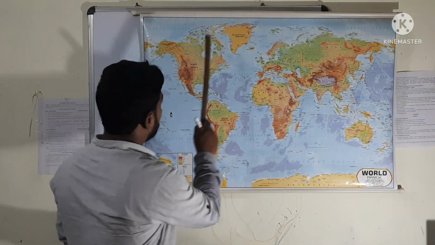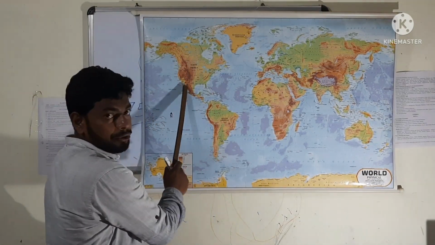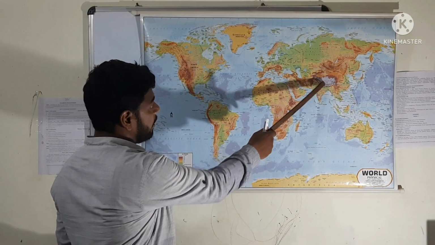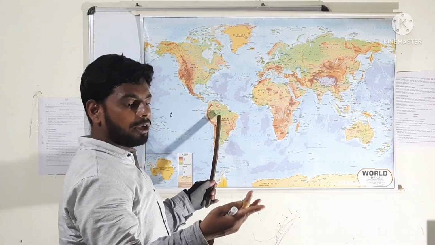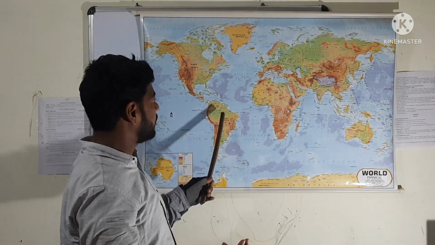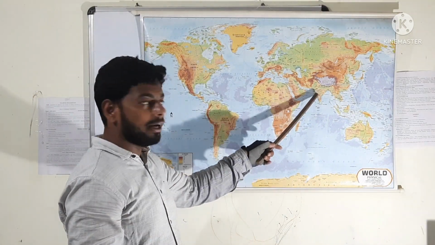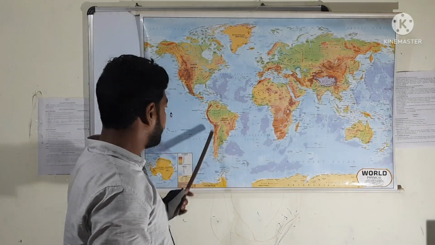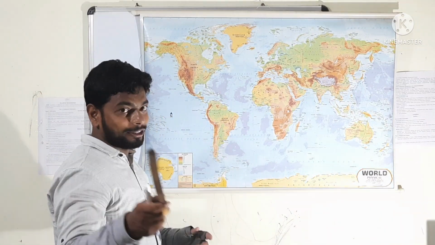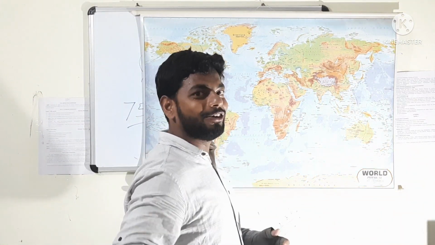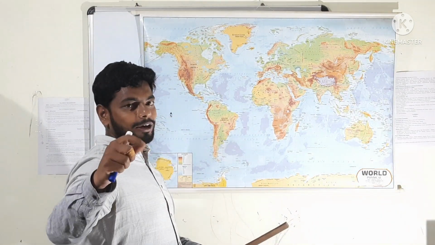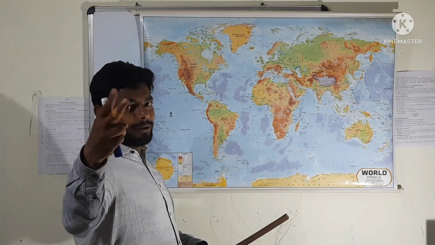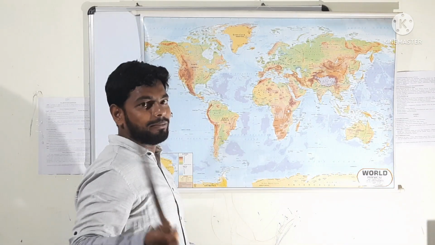So Russia, Canada, USA, China, Brazil, Australia, then India, followed by Argentina, right? And two countries I asked, you have to write in the comments the top 10 countries in terms of area. Already I told about the 8, right? The remaining two countries you have to identify and comment, guys.